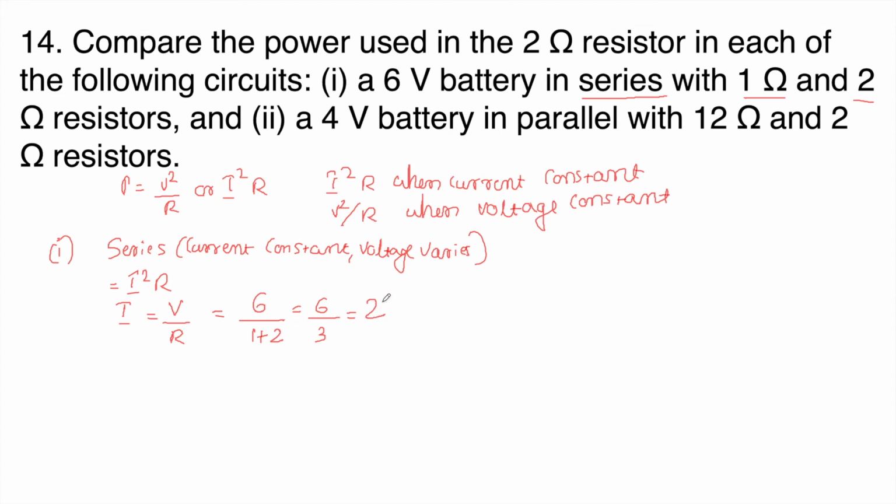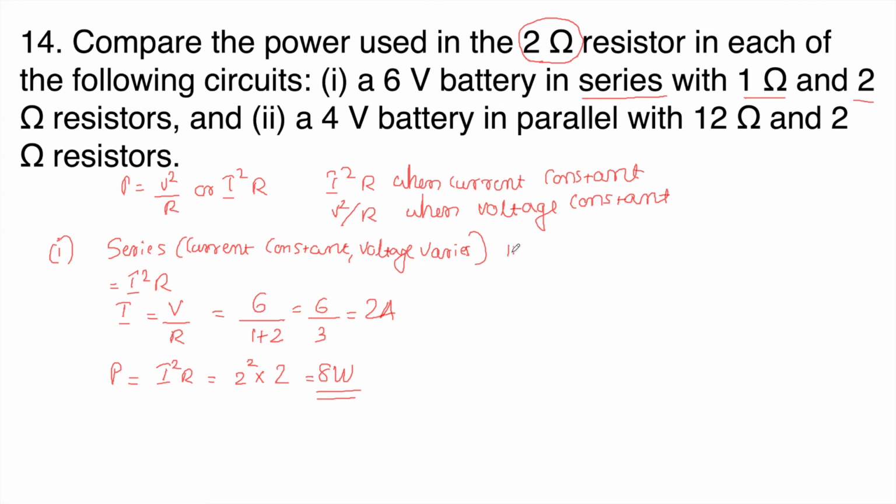So I we got as 2 ampere. Now power we should find out through 2 ohm resistor. Okay, not through all the resistance, through the 2 ohm resistor. So I square R will be 2 square into 2. That is 8 watt. So in first circuit we got the power as 8 watt.